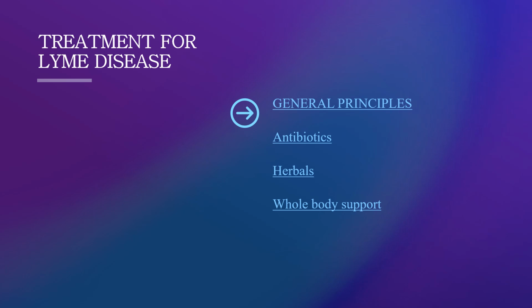Numerous herbal cocktails and remedies are also available for Lyme, and multiple physicians and naturopathic doctors have their own special protocols between the herbal cocktails and remedies and also antibiotics.